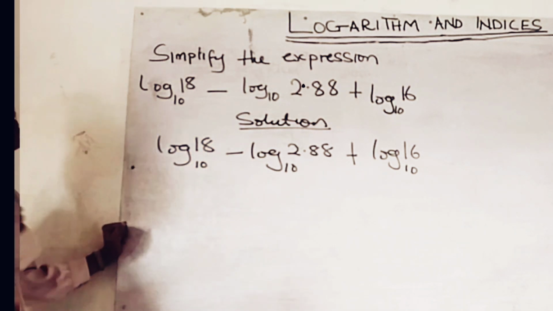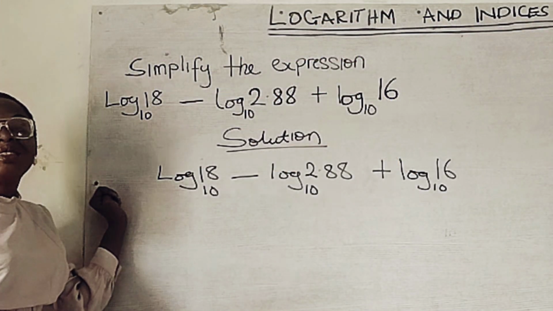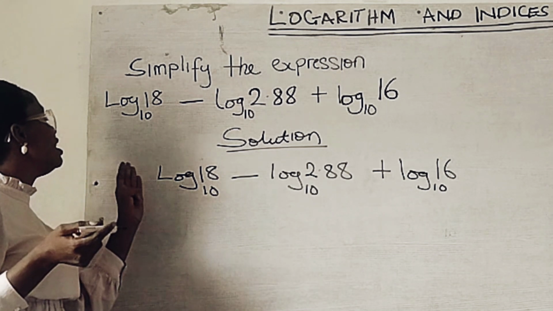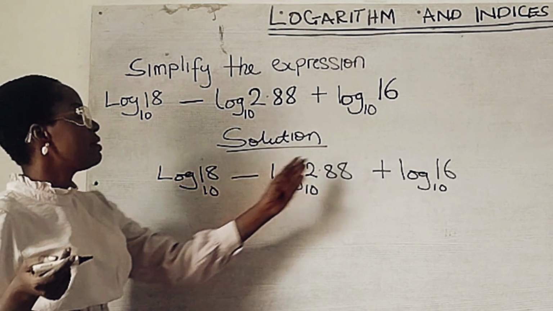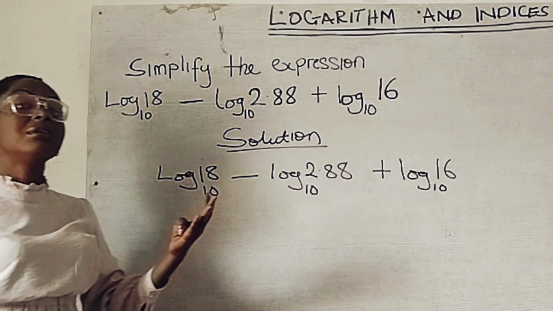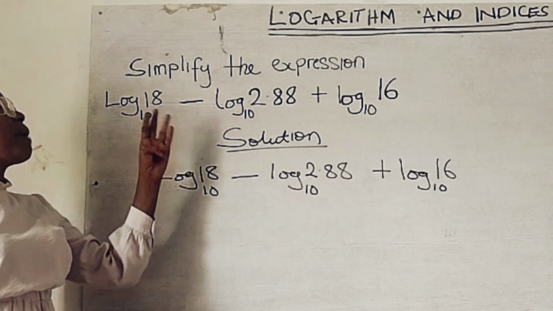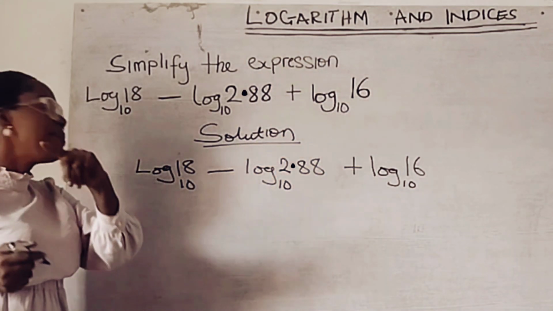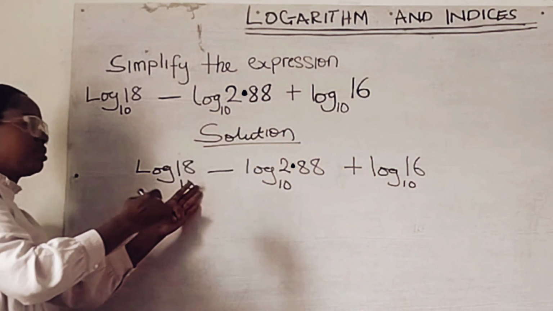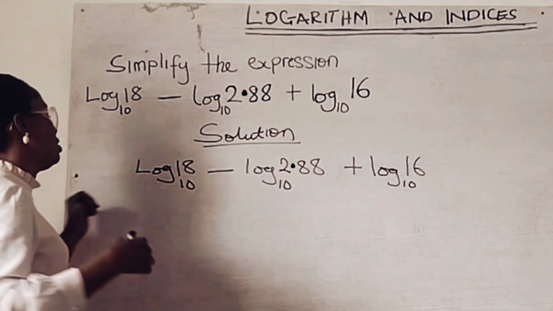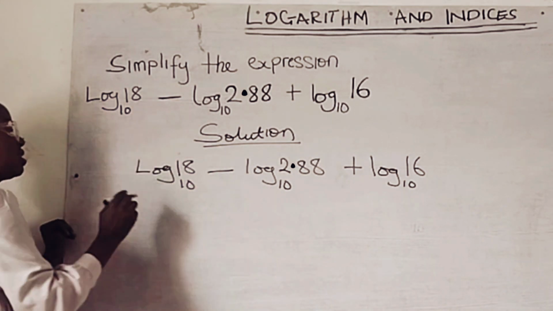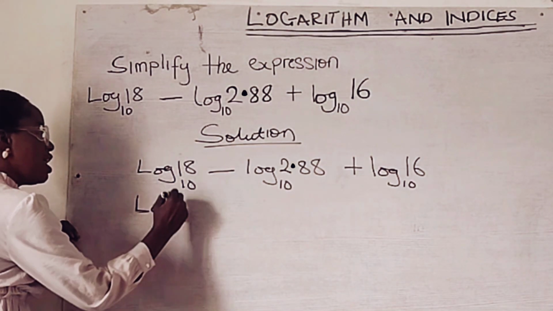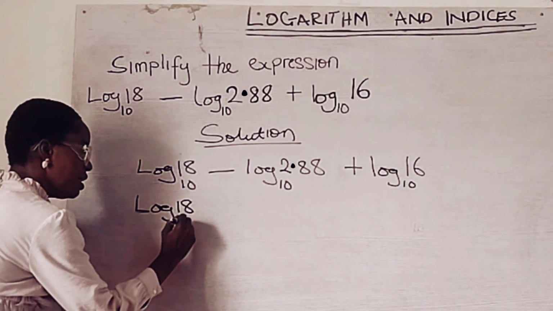What do I do next? As I look at this question, I do not see any indices, that is, numbers in front here to operate on. So I go direct to apply the laws of logarithm. But before then, permit me to rearrange this question so that we will easily operate on it. I write log 18 base 10.